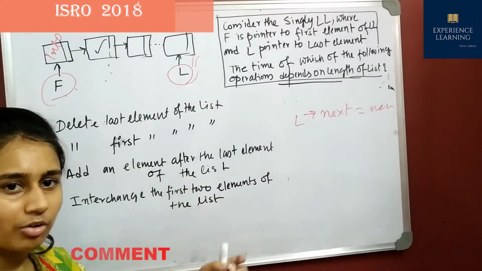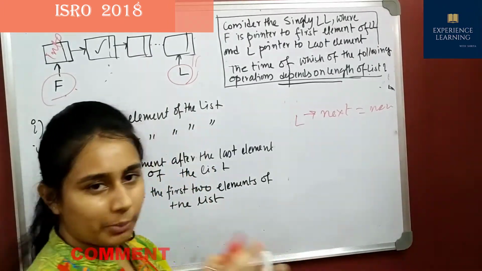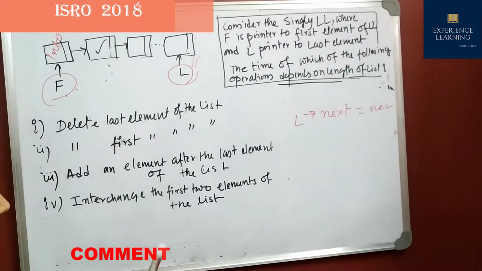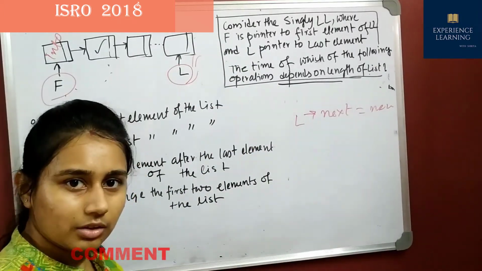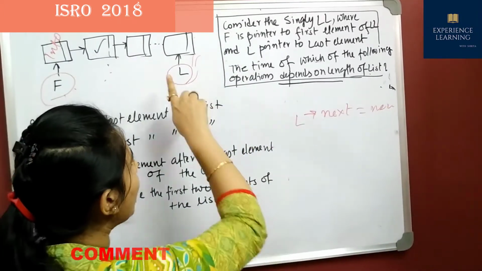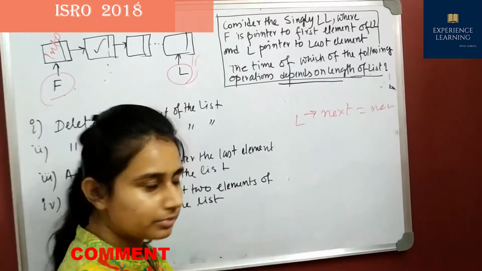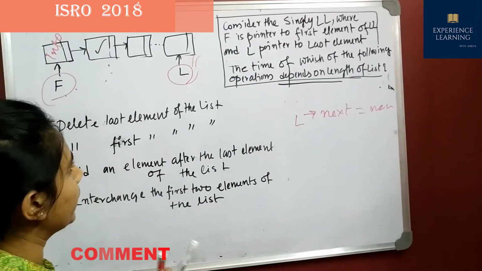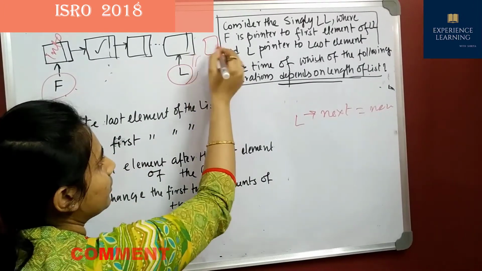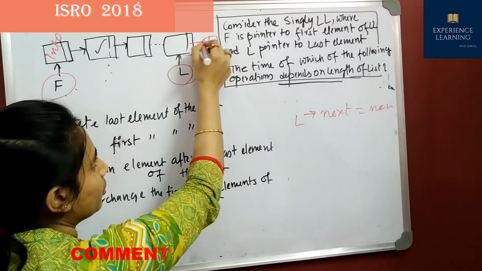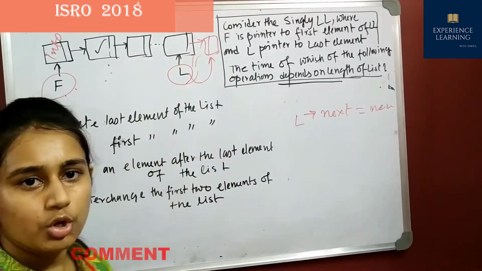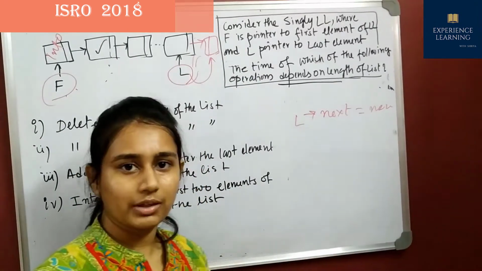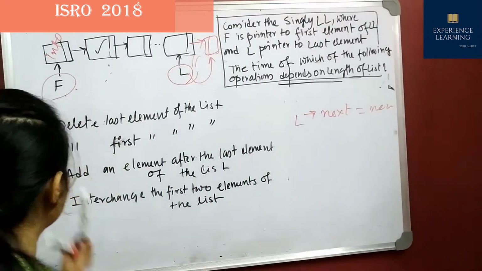There will be some malloc, or if you are using the new operator, whatever you want, but you can write L next equals the new node, and L will be shifted. If you are adding a node here, it will now point to it and L will be shifted. So no need to depend on the length of the list.